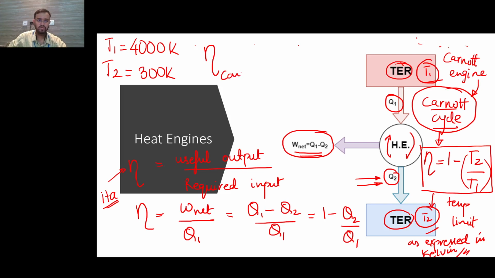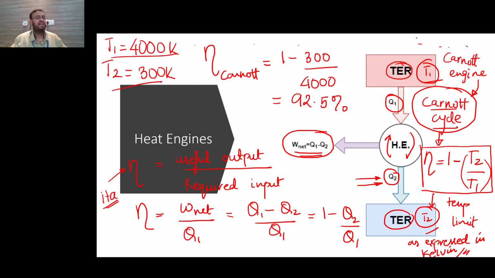So 1 minus 300 divided by 4000, and we get an efficiency of 92.5%. So even if you take an engine operating between the temperature limits of the sun and the ambient air, you do not hit 100% efficiency. All right. So efficiency can never be equal or greater than 100% in any heat engine.